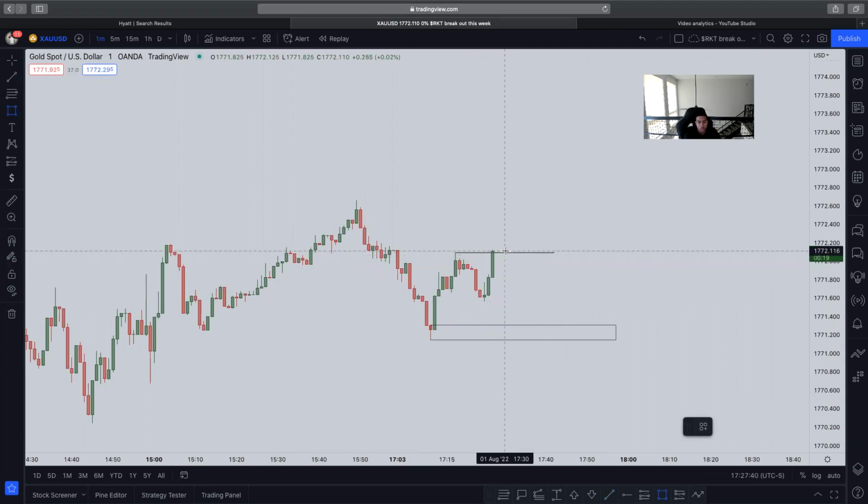All right, let's keep this in mind right here. We got a couple wicks right there. Let's see how we react. I'm gonna go in for a sell right now. And on this MT4 it's 1771.97.